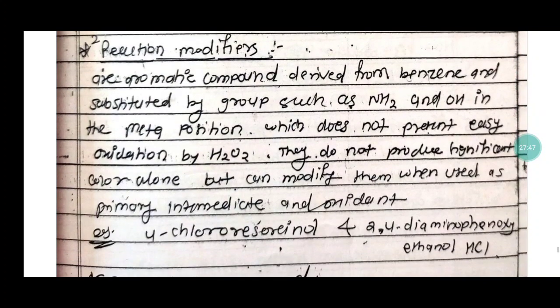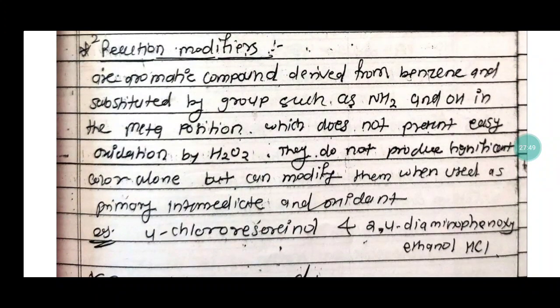The reaction modifiers are aromatic compounds derived from benzene and substituted by groups such as NH2 and OH in the meta position, which do not undergo easy oxidation by H2O2, and they do not produce any significant color alone, but they modify it when used with a primary intermediate and oxidant.